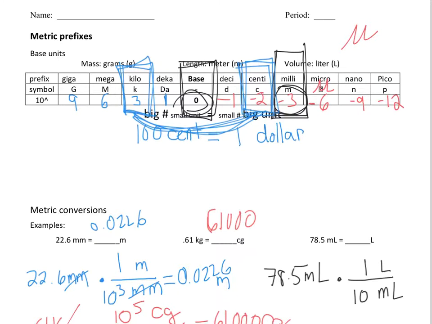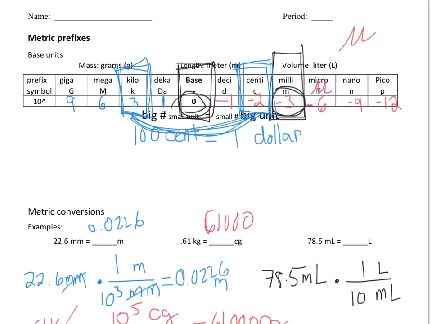Milli is right here. It was already in black. Let me do it in red this time. So milli, and then liter is the base. Between milli and base, that's 0. That's -3. So the difference between them is 3.